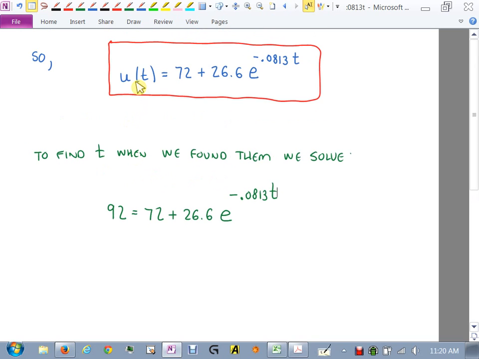Remember, the left side is the temperature of the body at some particular point in time. We want to know when we found them, right? What was their temperature when we found them? 92? So we want to know the time that corresponds to finding them. Remember that before we didn't know what k was, right? So we couldn't have ever figured out what t was if we didn't know what k was. So we found k first, and now we're going back using k to find t. But in order to find k, you had to have a second measurement.